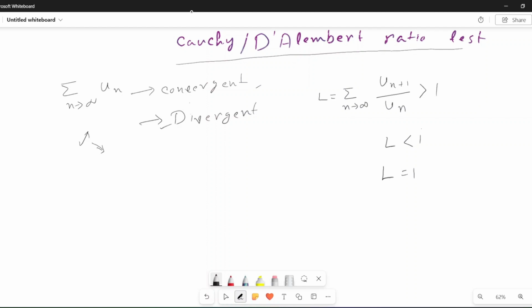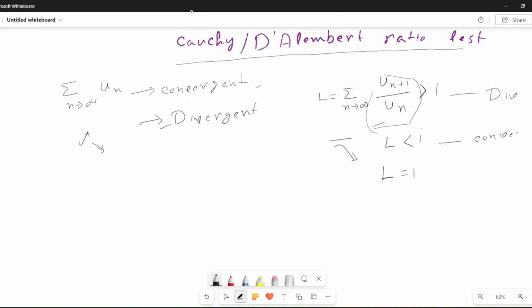This ratio will tell us whether the series is convergent or divergent. In the first scenario, the series is divergent, but in this scenario the series is convergent, because the series is declining.